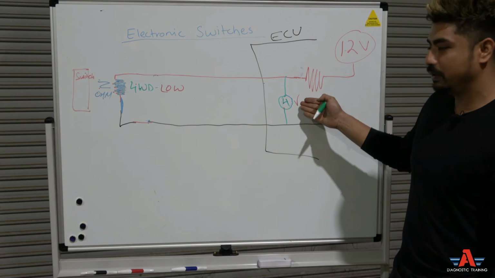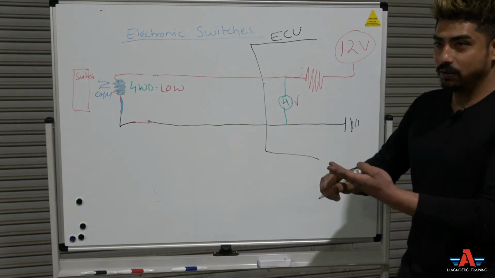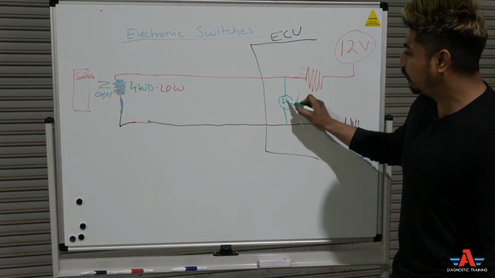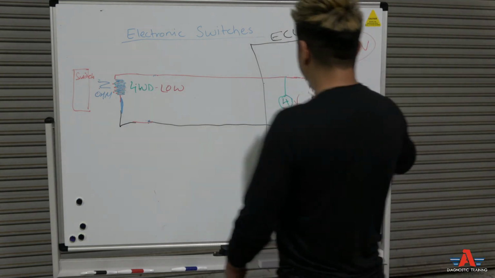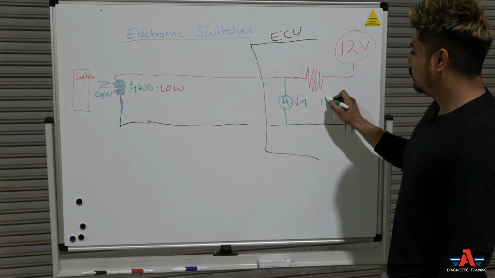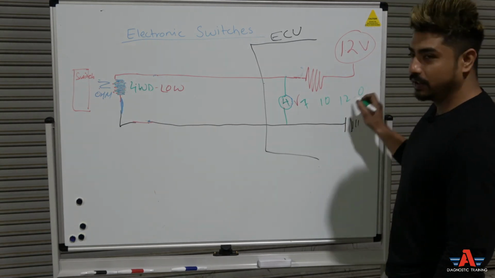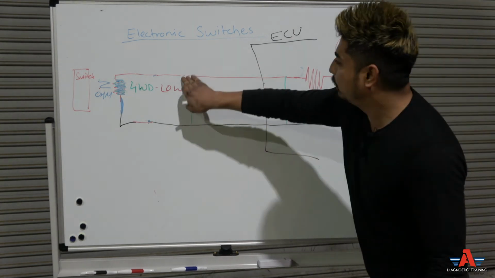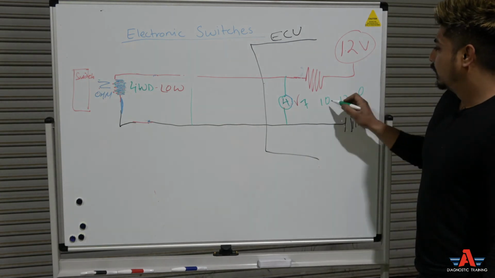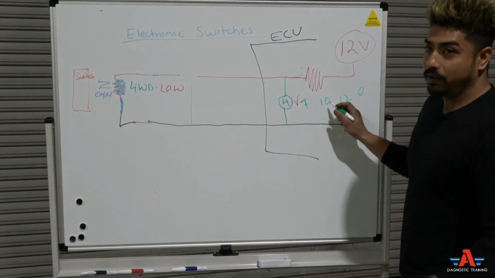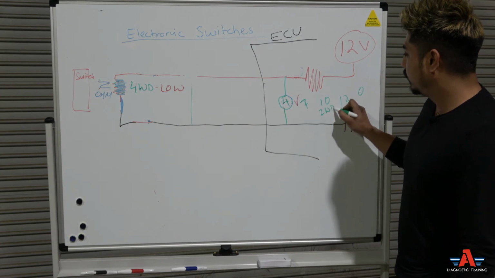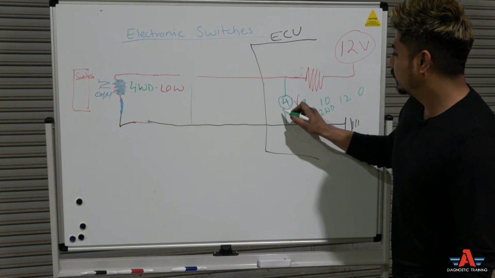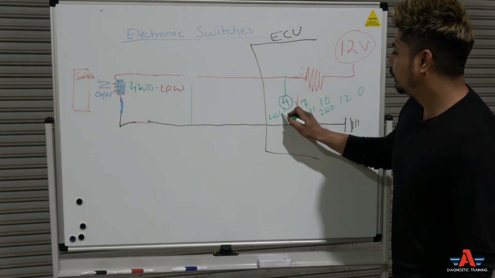That's how the computer knows when we're selecting high, low, two-wheel drive, four-wheel drive. The computer knows that because of these 4 volts, 7 volts, 10 volts, 12 volts, 0 volts. See, 0 volts is shorted, right? 12 volts is open. There is no path to ground. 10 volts is two-wheel drive, 2WD. 7 volts was four-wheel drive high, and 4 volts is four-wheel drive low, right?